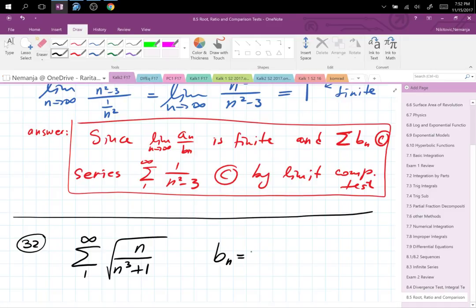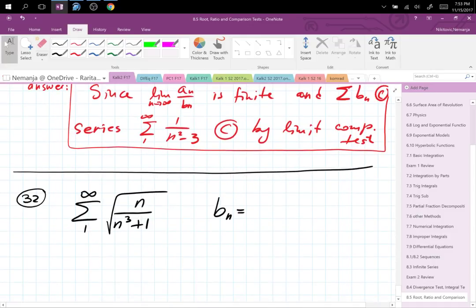I need you to be able to do the basic algebra in your life to survive these sections and chapters. What is Bn? What is the part that we ignore? We ignore plus 1. Okay, fine. So what's left? 1 over n squared.